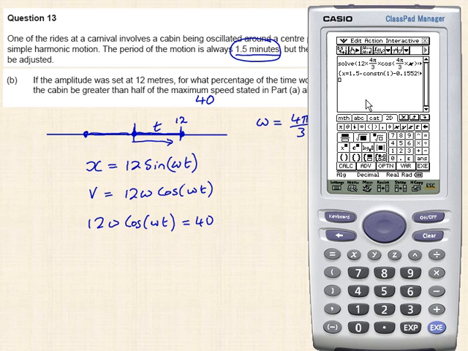To execute, and ignoring a lot of this stuff, we can see that it's 0.1553.